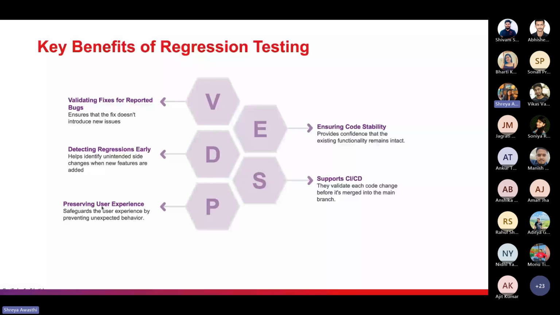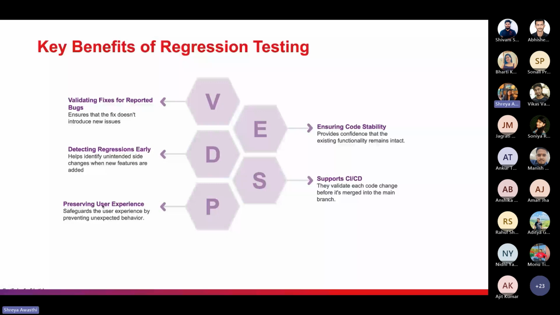After fixing that issue, we perform regression testing to ensure that the button works as expected after the fix, and we can smoothly come to the checkout process. This way we can confirm that our fix doesn't create any new problems.